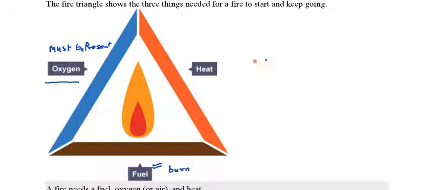And the third is a heating source, with the help of which you can burn the fuel in the availability of oxygen. When these three things combine, they allow the combustion reaction to be performed.